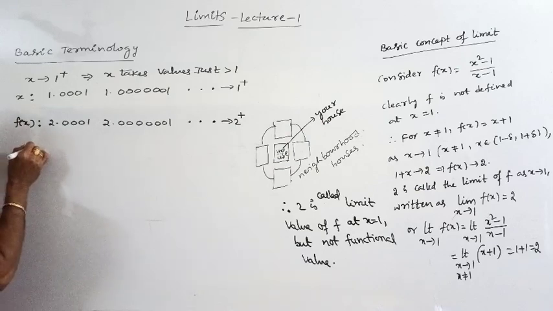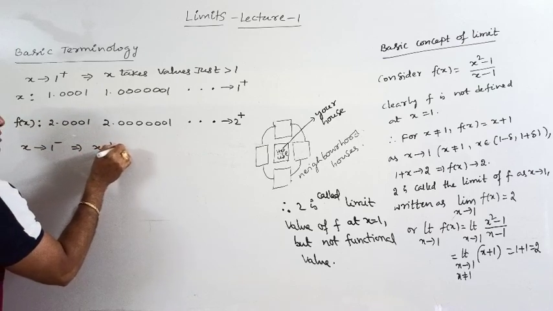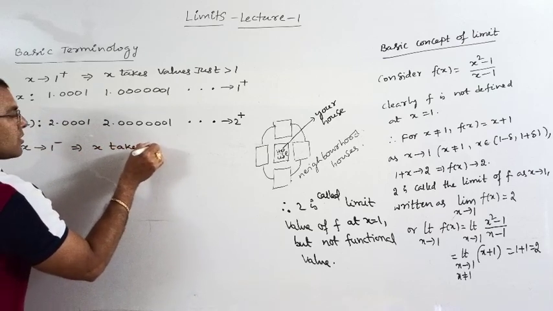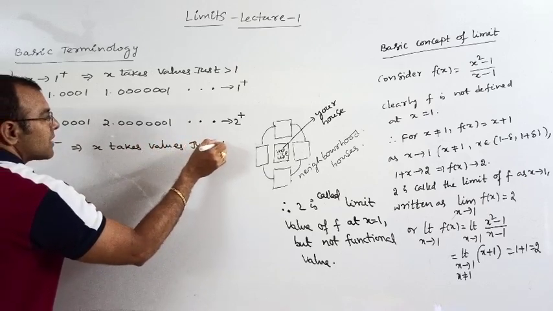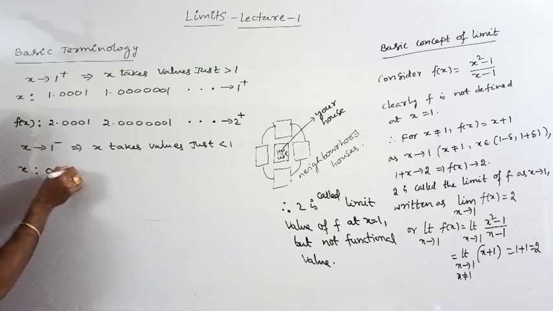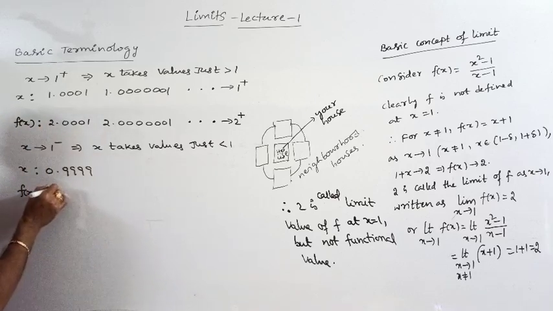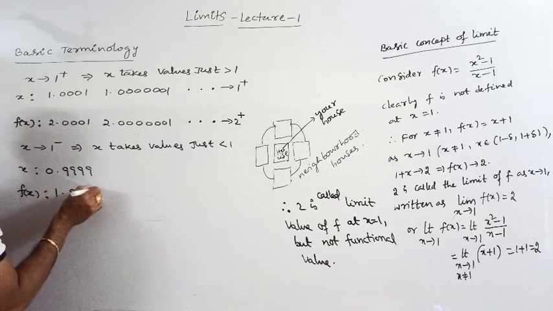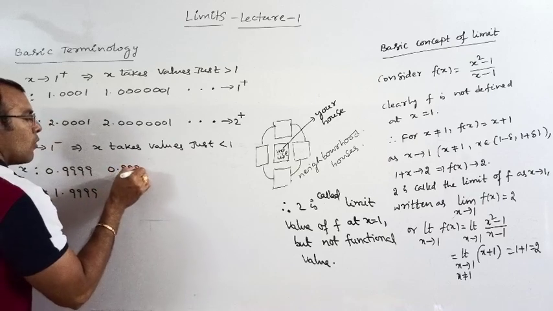Now you take x approaches 1 minus, which means x takes values just less than 1. Here I am writing 0.999. Then what will be the f of x? It will be 1.999. Again, you take more 9s.